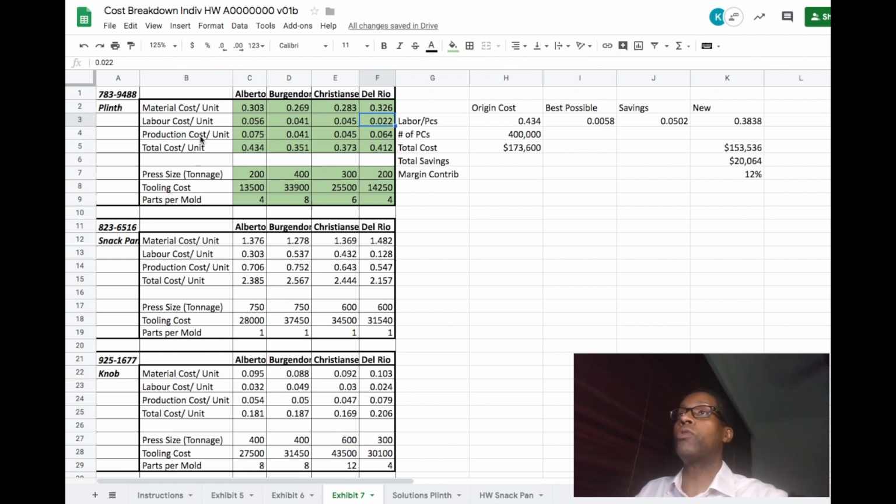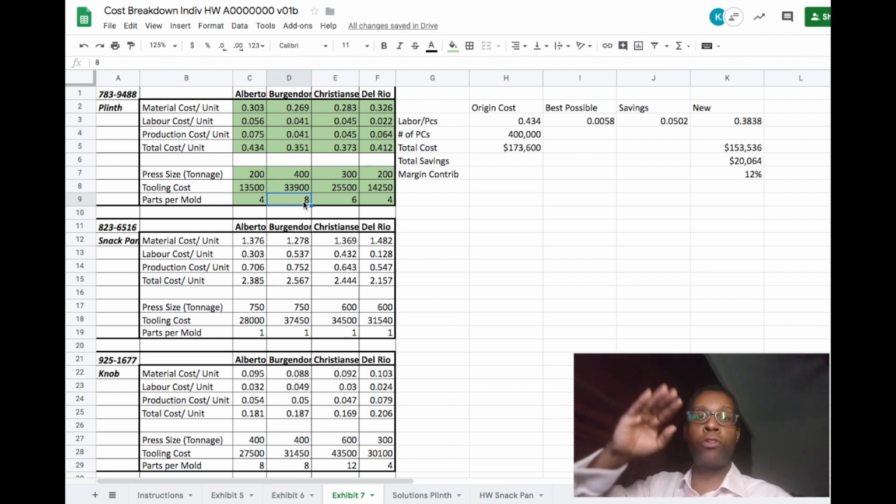Okay, so we see here that Bergendorf and Christensen are giving us some of the lower total cost per unit. But look at this, the tooling cost when we start off, $33,000. Wow. But they're giving us 8 parts per mold. Now, if a mold has 4 parts, that means every time it presses down, it's going to create 4 parts.